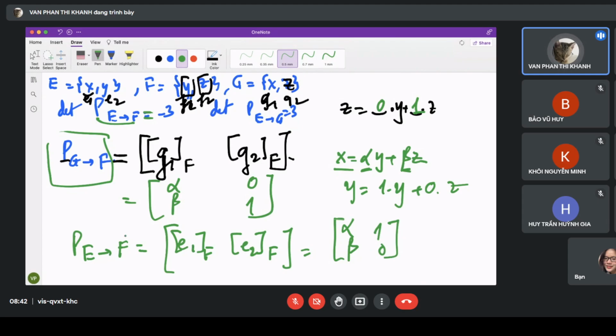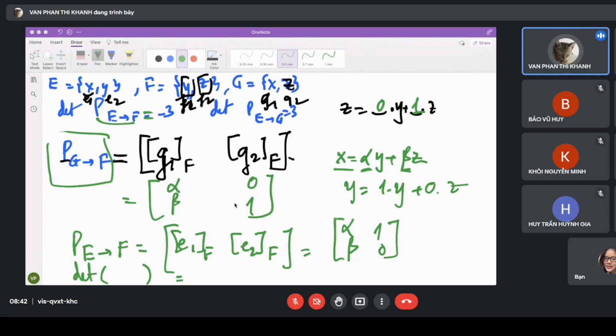Okay, in this case, what is the determinant of this matrix, class? Do you understand what I mean? Yeah, it's quite a difficult one.